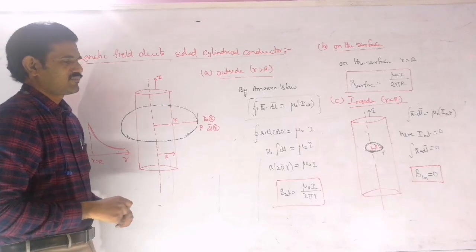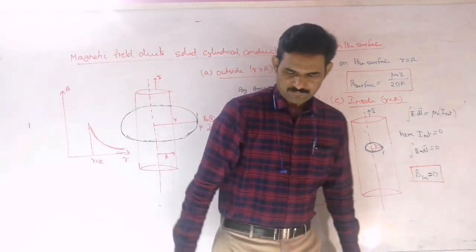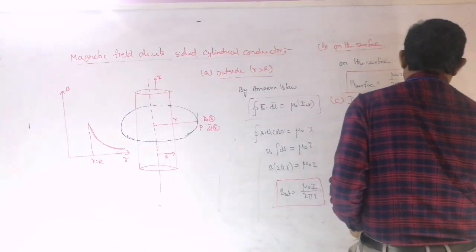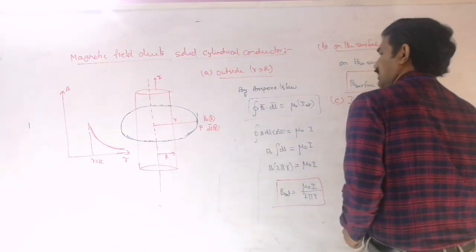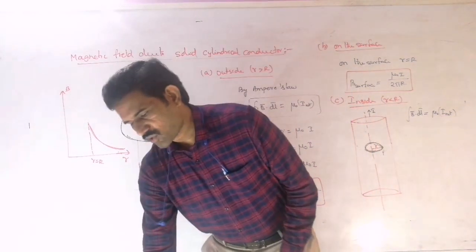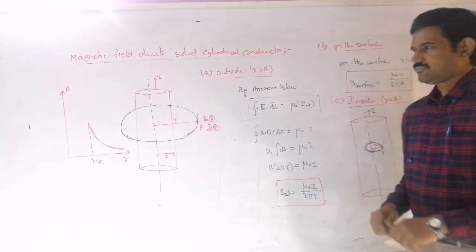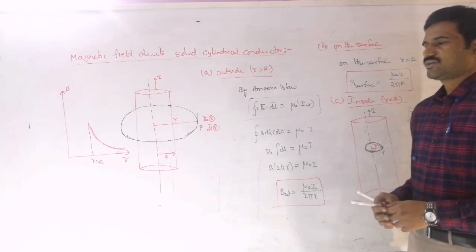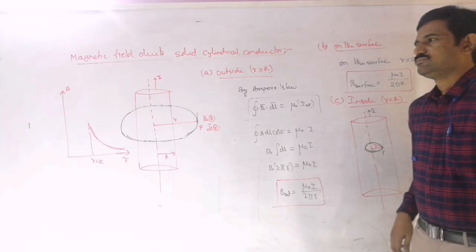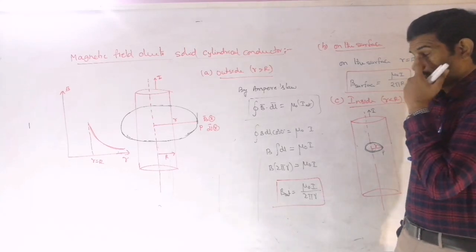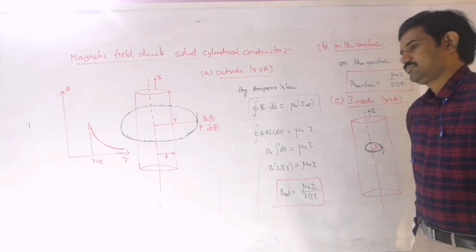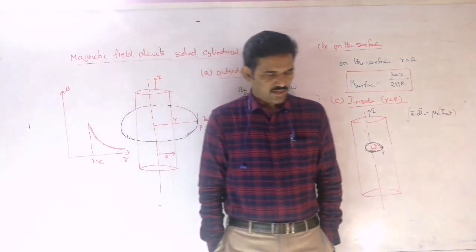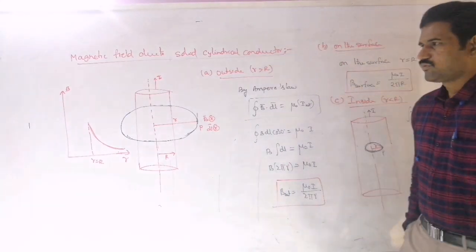So just to mention that, consider a long solid cylindrical conductor of radius capital R. I is the current distributed uniformly over its cross section.